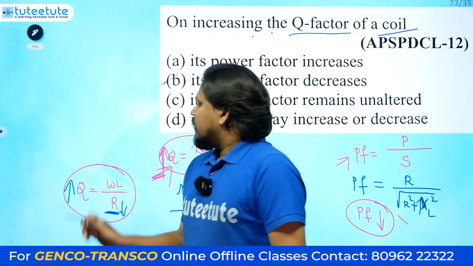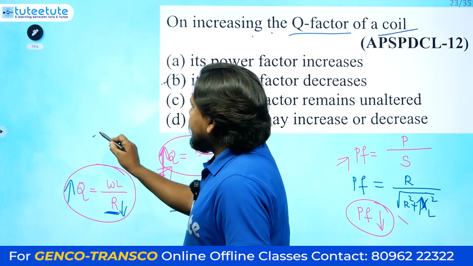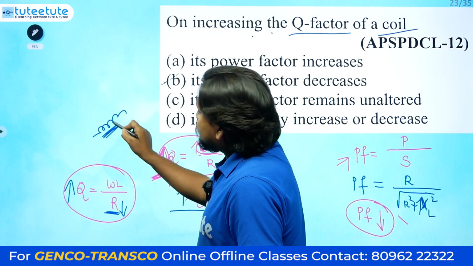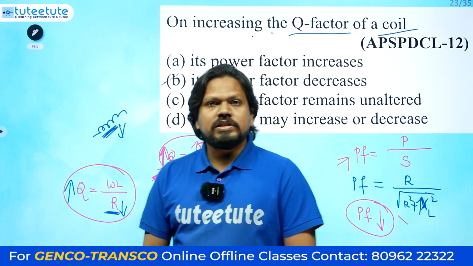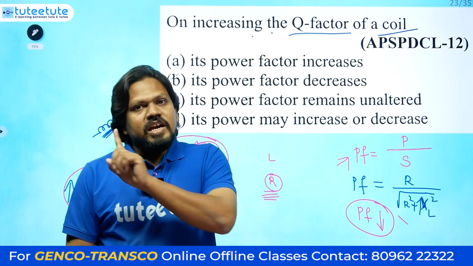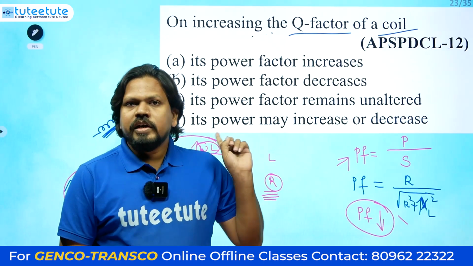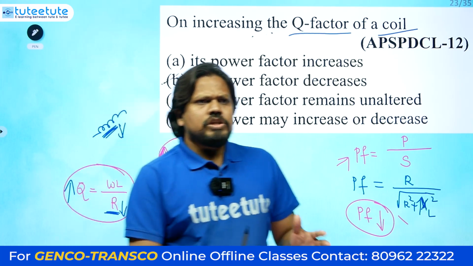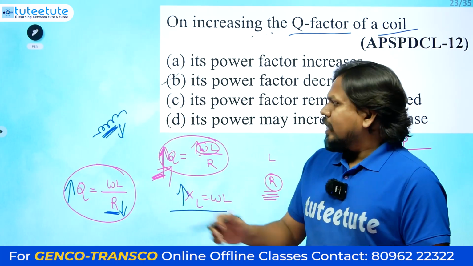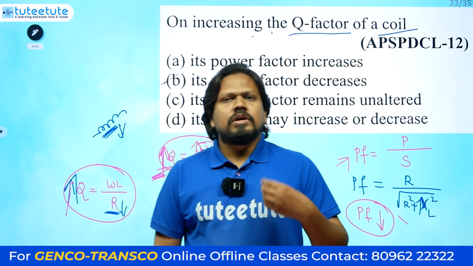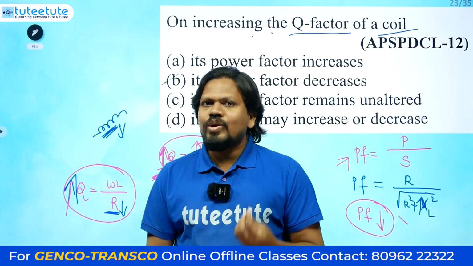If any coil is designed for high Q factor, it is designed to store energy. Understanding? It is designed to store energy, so it will not take more active power. So it's a design property. Once the Q factor increases, it will not consume more active power.